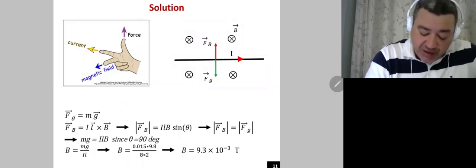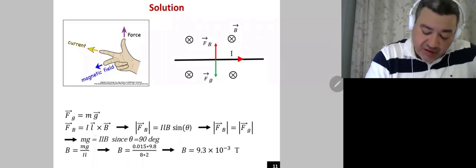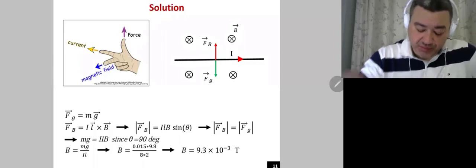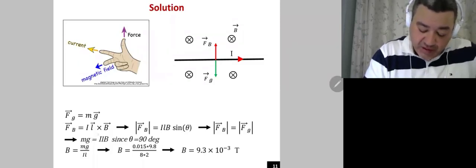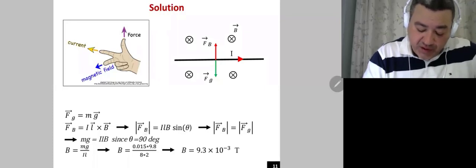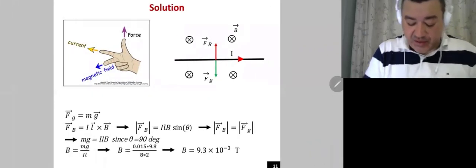And we also have the magnetic force given as I L vector cross B vector. Then the magnitude would be I L B sine theta.